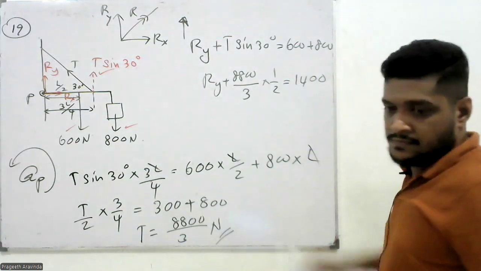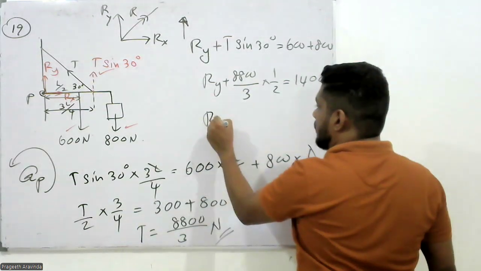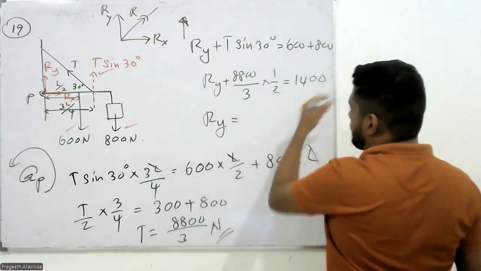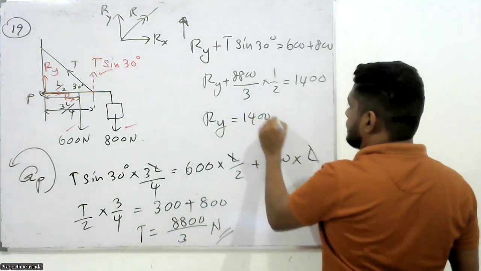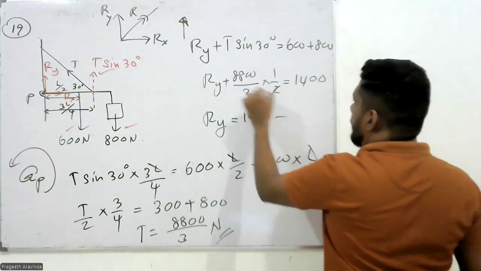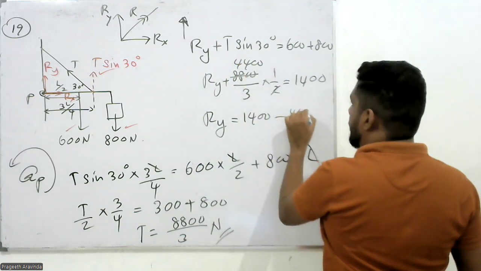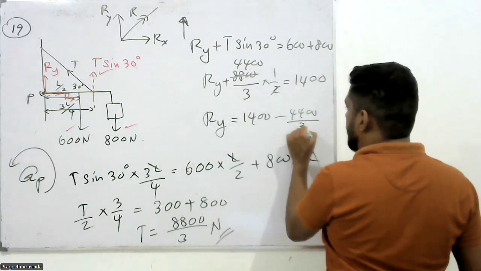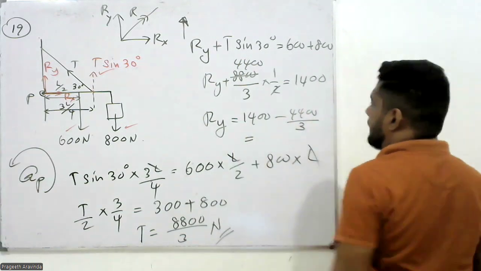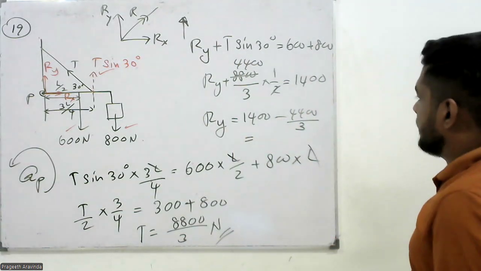And Ry equals, we need to simplify. So you can simplify that there.